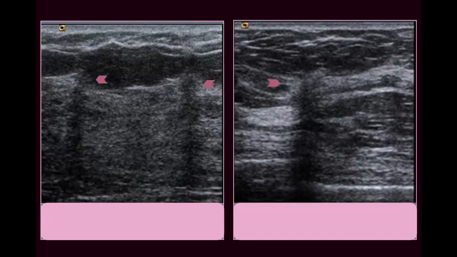What is the difference between these two images? Can you call all of these shadowing from Cooper ligaments, or do you suggest a lesion? Do you suggest any abnormality, or are you just going to label it as shadowing from Cooper ligaments?